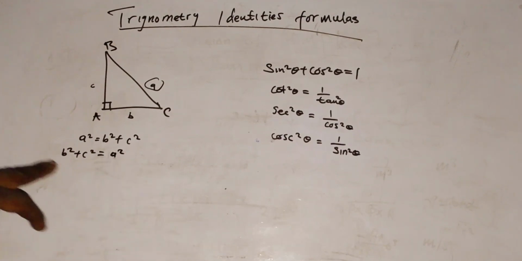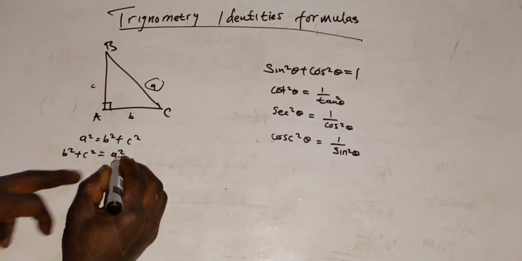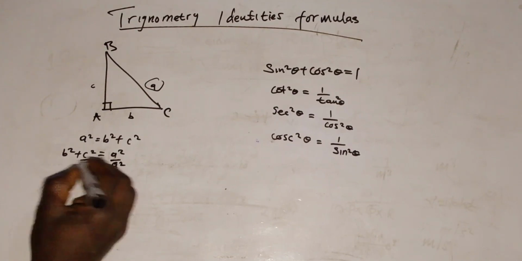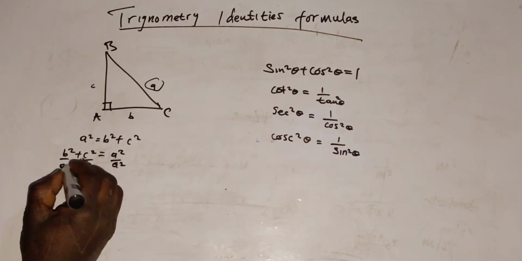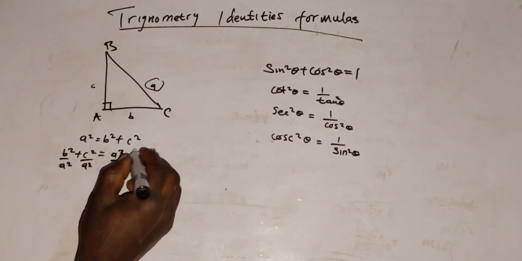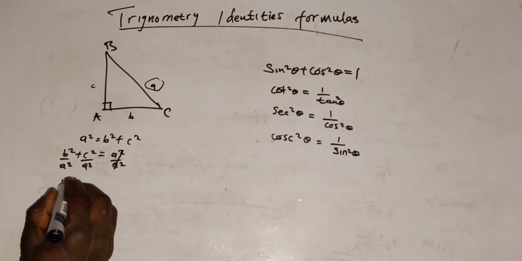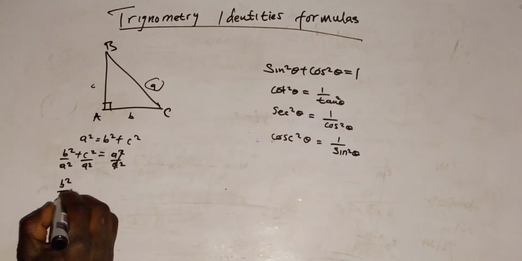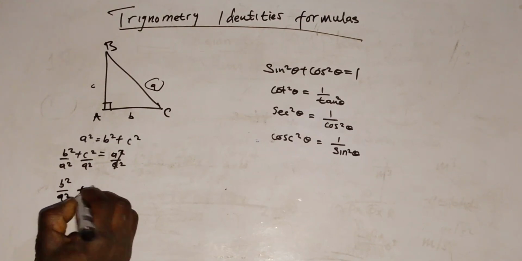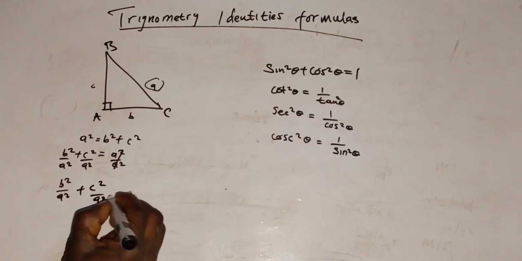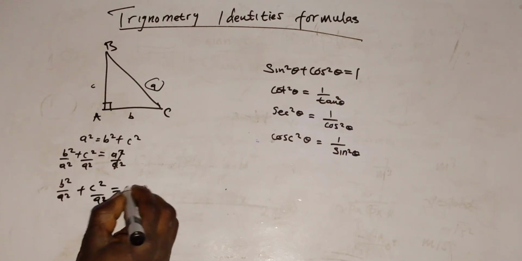From this formula we can say b squared plus c squared should be equals to a squared. So let's divide throughout by a squared, in which here you're going to remain with 1. You're going to have b squared over a squared plus c squared over a squared equals 1.